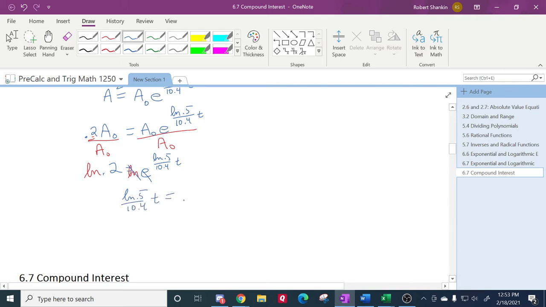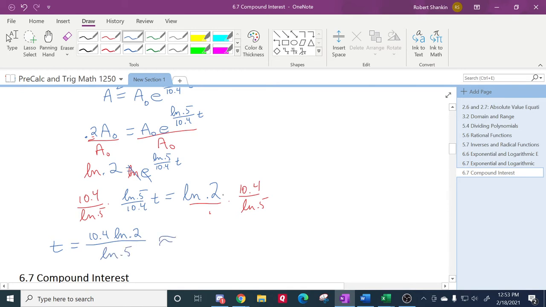Turn this equation around. And I'm going to multiply both sides by this. And I'm going to get t is equal to, this is going to be my exact answer.